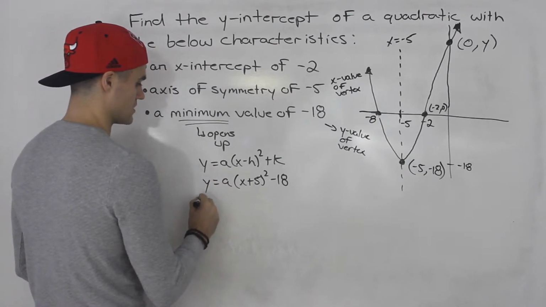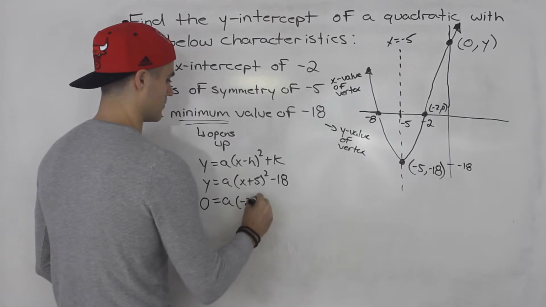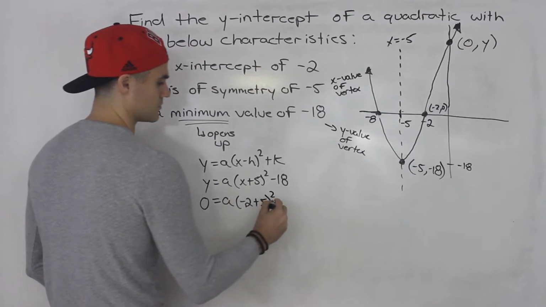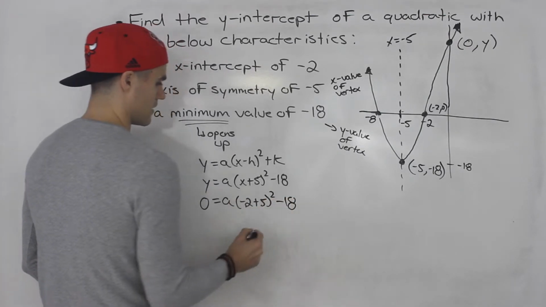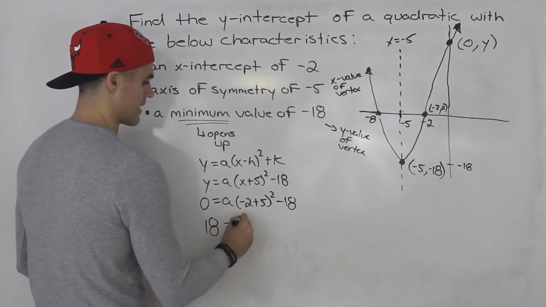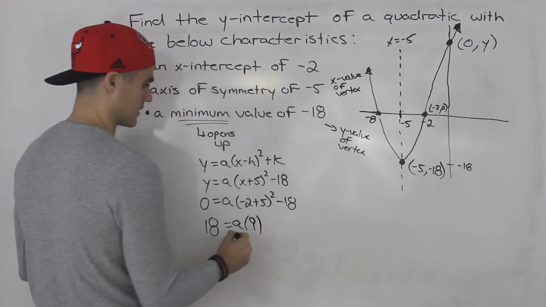This point is (-2, 0), so we can plug that point in to solve for the a value. 0 goes in for y, and -2 plus 5 squared goes in for x, since -2 is plugged in for x. Then -18 you can bring over, that would be +18. -2 plus 5 is 3, and 3 squared is 9.